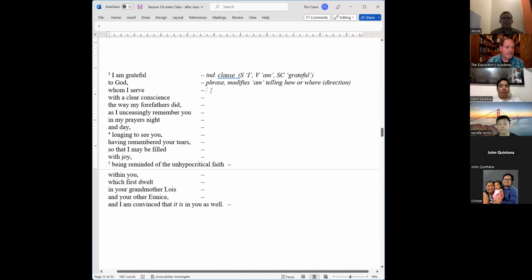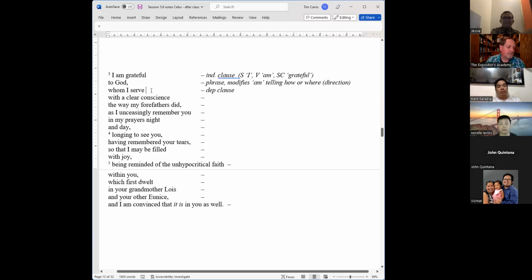"Whom I serve," Kent. Is that a phrase or a clause? Clause. What kind of clause? Is it independent or dependent? Dependent. How do we know that? Because there's no object or subject complement. Okay.